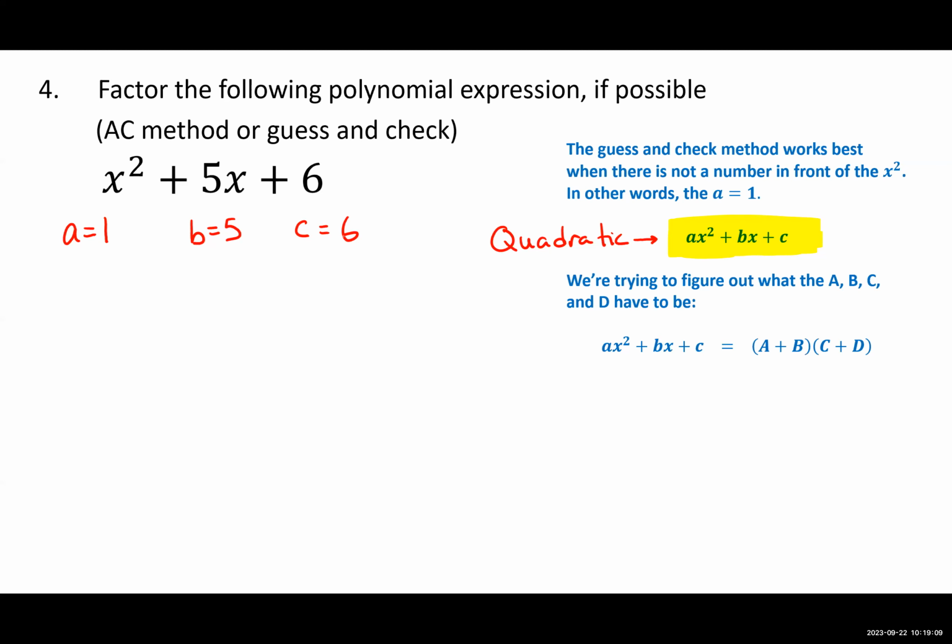Now, quadratic expressions will often factor like this. If a, b, and c are all present, meaning none of them are 0, like in this case, we have a 1, a 5, and a 6.